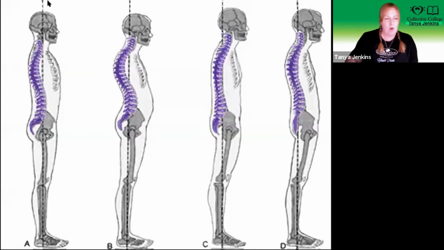So here we've got good alignment. This isn't so good. You've got protruding tummy, curved spine, kind of a slumpy position. You've got a leaning forward here slightly, and then kind of no support at all here.